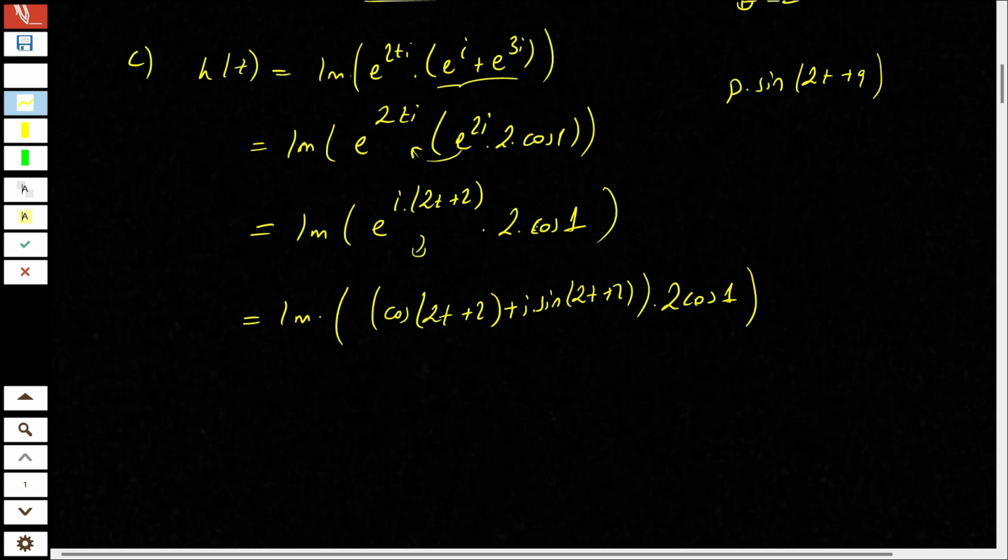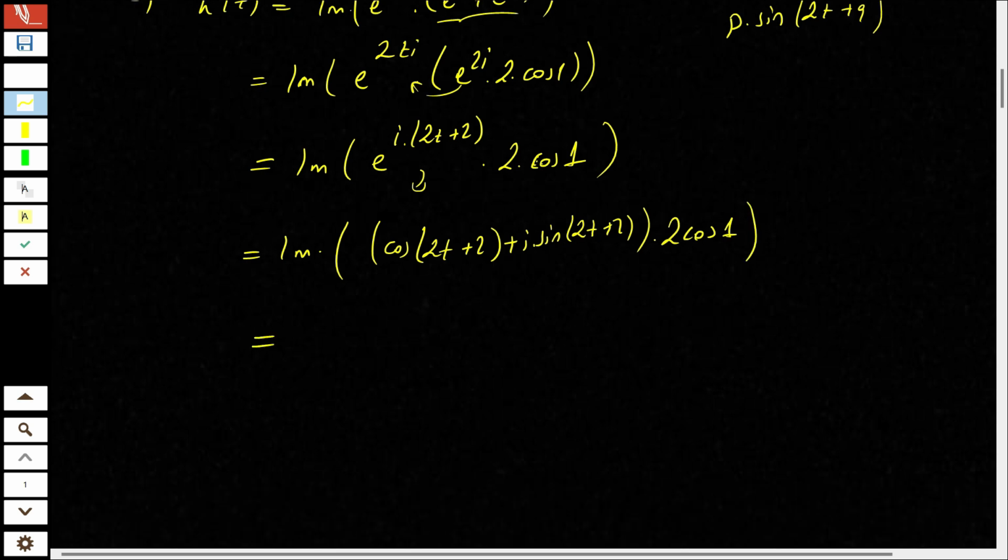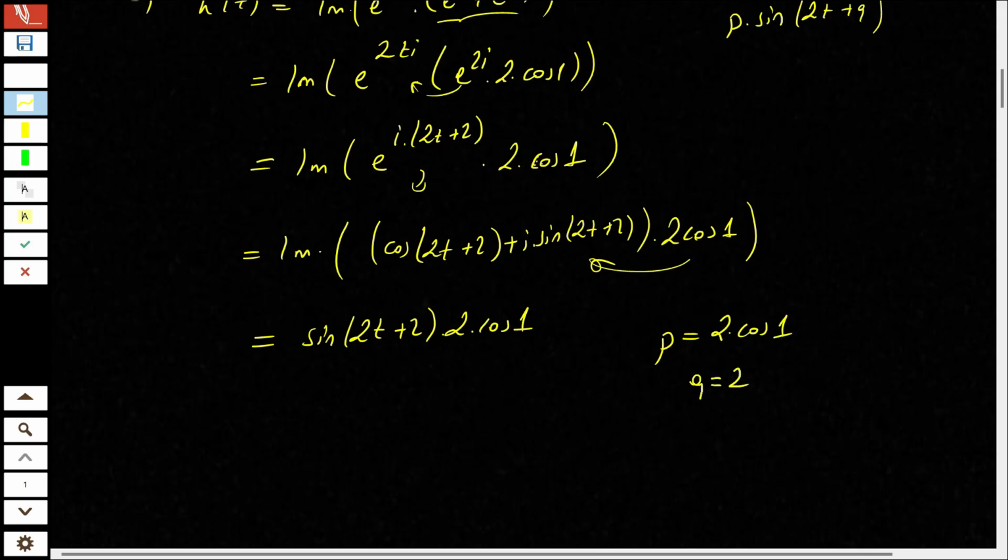In this case, the imaginary part is the coefficient in front of i, sine of 2t plus 2 times 2 cosine 1. So p is 2 times cosine 1 and q is 2, right?